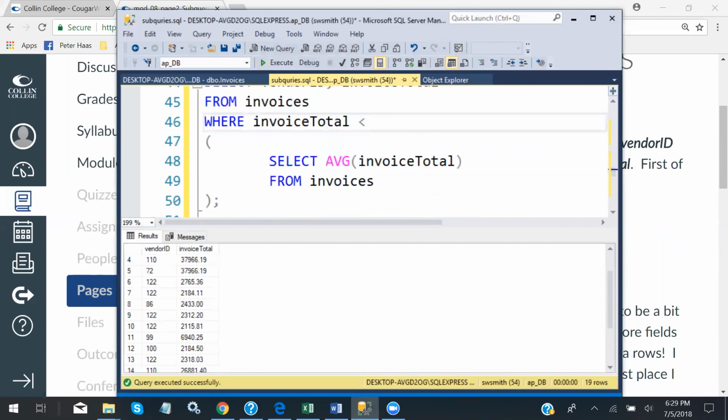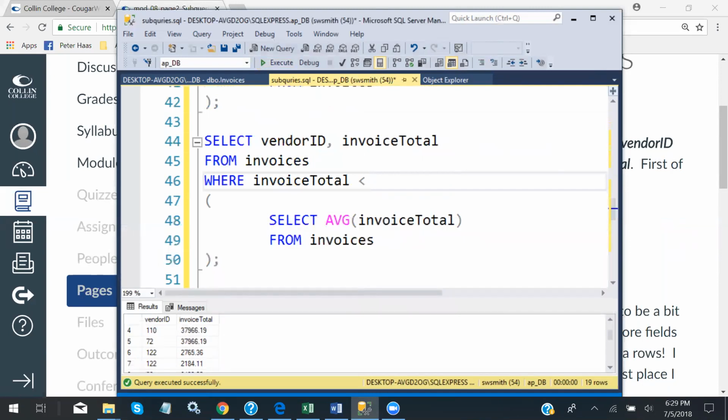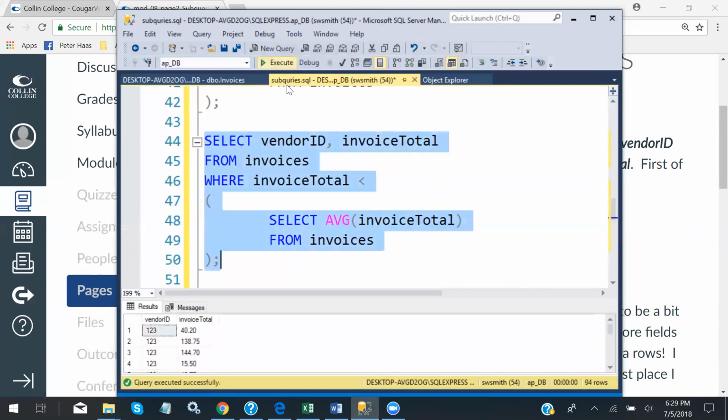Let's look at less than. So I want to see where the invoice totals are less than. And notice I have 94 rows. So I have 19 rows that are greater than average and 94 rows that are less than average. What does this tell me about the numbers that are in this table?